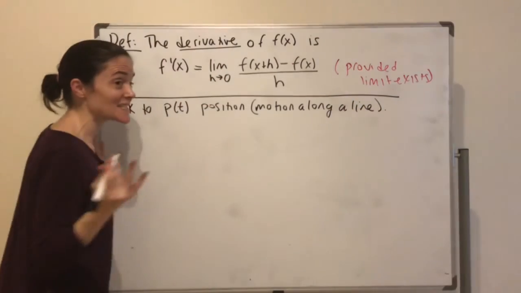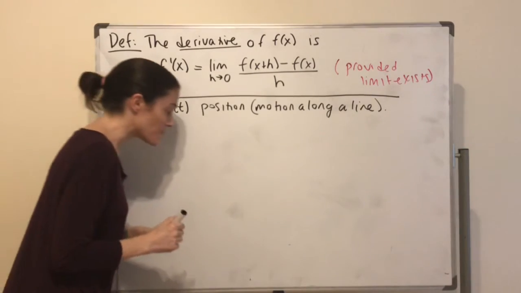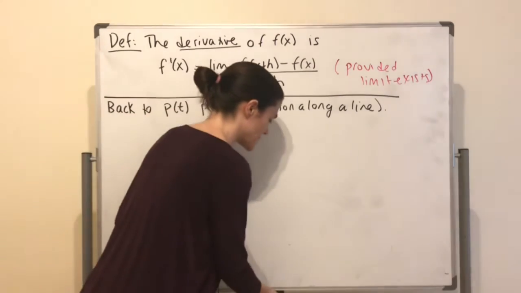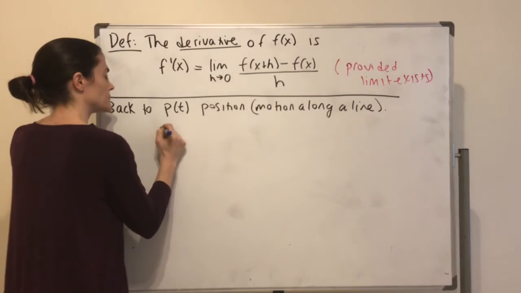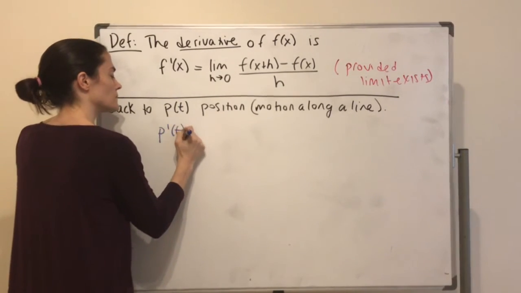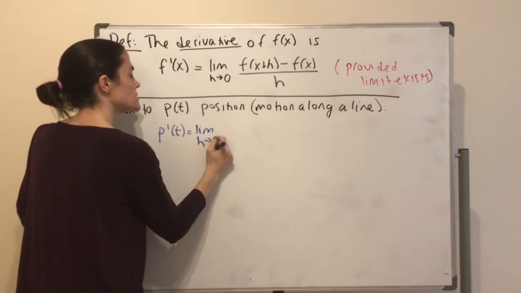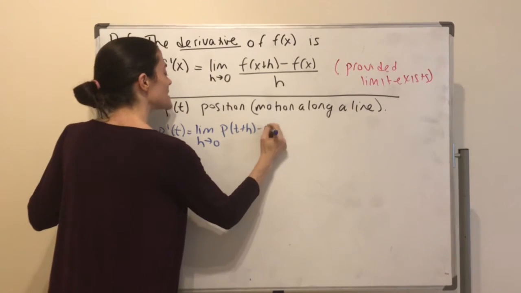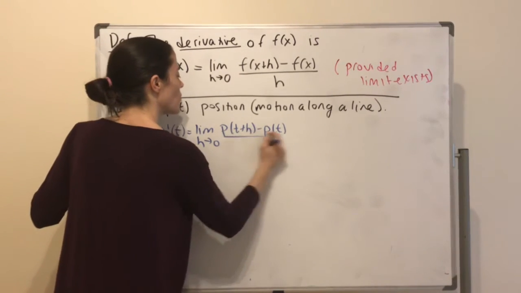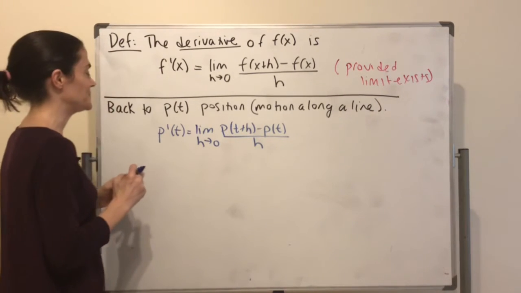It's how we started this semester, and I'm going back to it right now. If I take the derivative, well, I know it's a limit as h goes to 0 of p of t plus h minus p of t over h. This is the derivative.